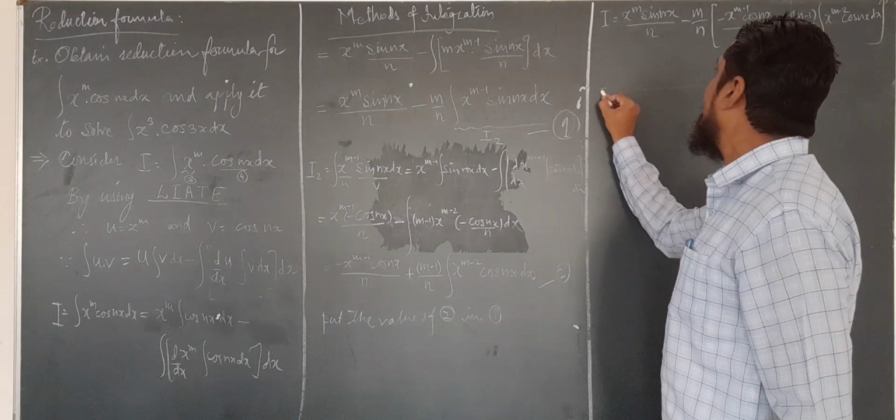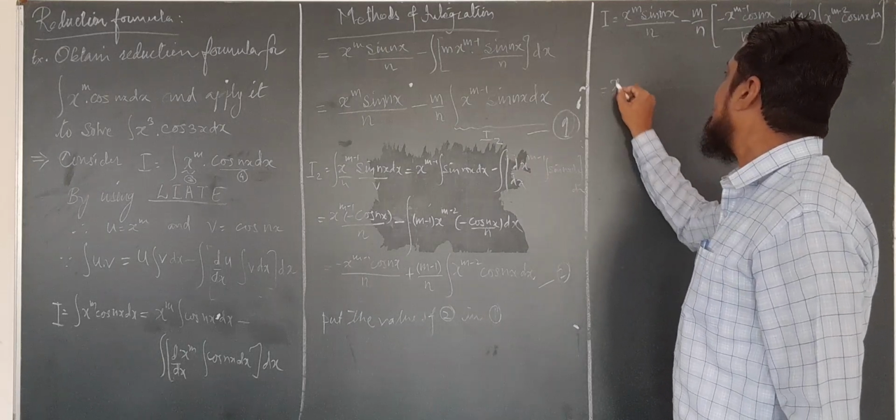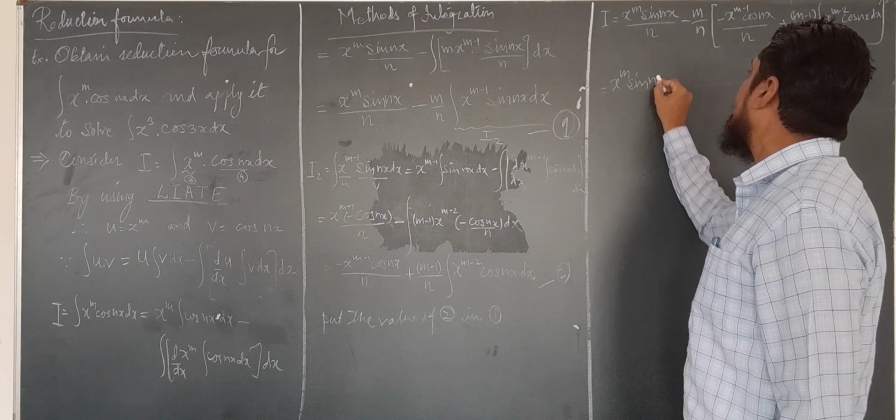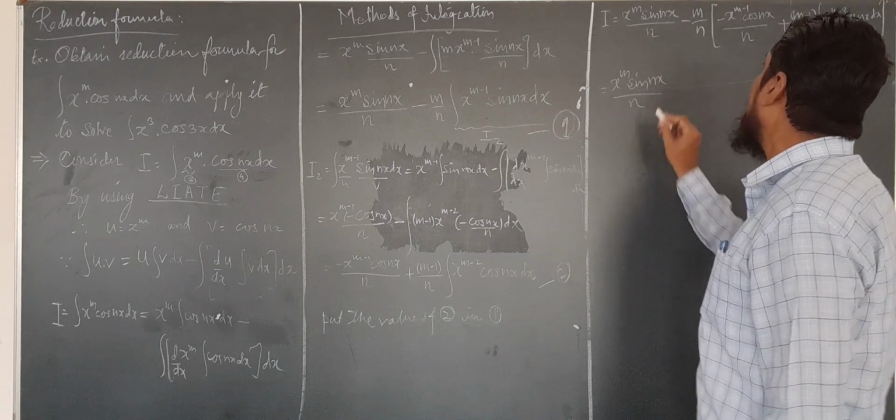So we can write this equation as x raised to m sin nx upon n.